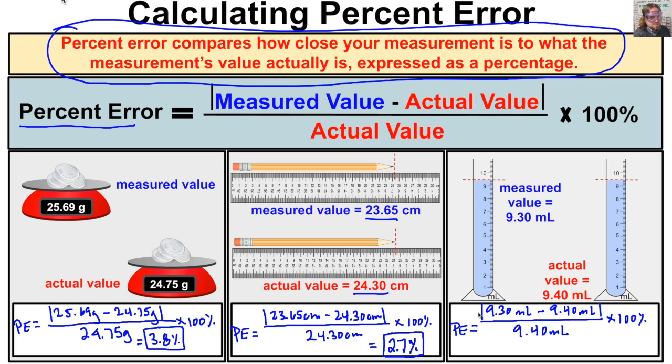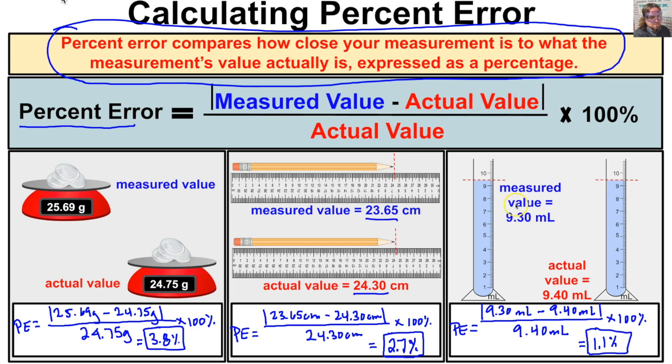And so when we put this all in our calculator, we take the absolute value of 9.30 minus 9.40, divide this by 9.40, and then multiply by 100%, and it looks like we end up with 1.1 approximately. 1.1% error here.